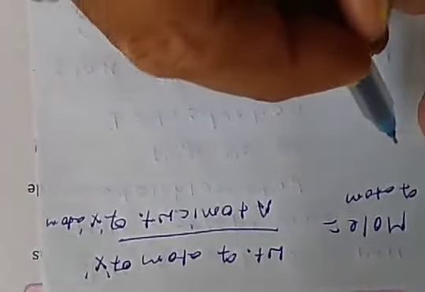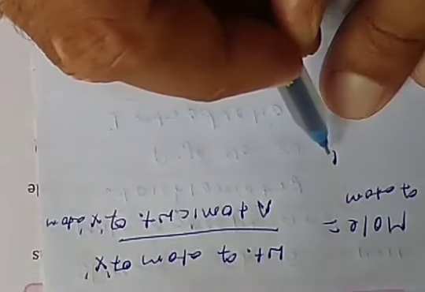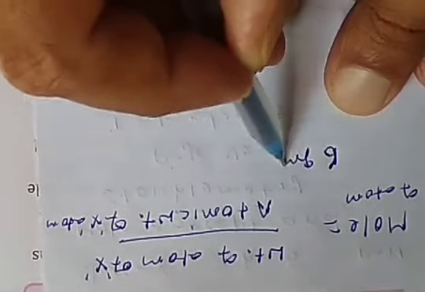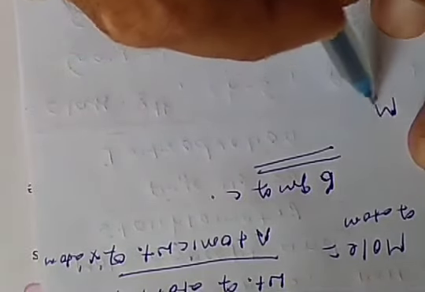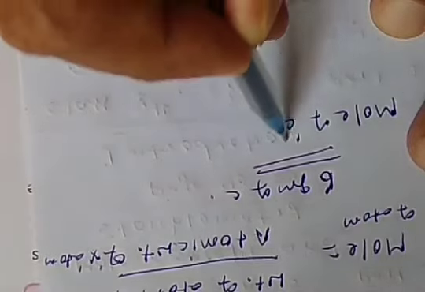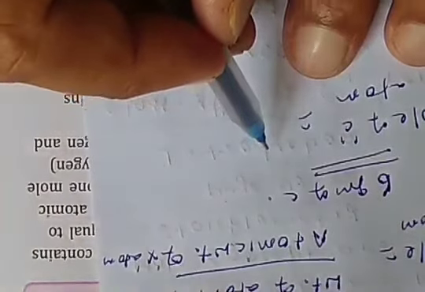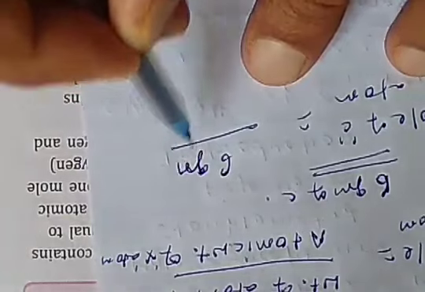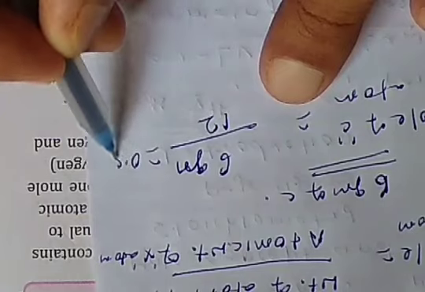Let's suppose, how many moles are present in 6 gram of carbon? How many atoms are present in 6 gram of carbon? How many moles? So the mole of carbon atoms equals their weight in gram, that is 6 gram, divided by the atomic weight of carbon, which is 12, so 0.5.